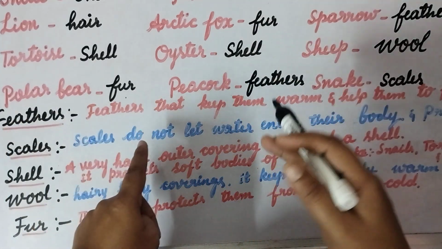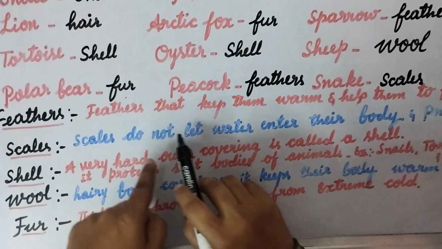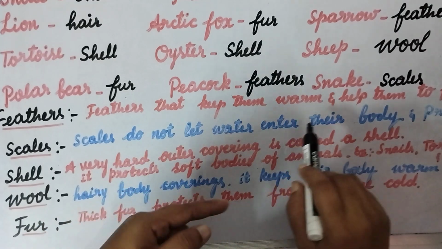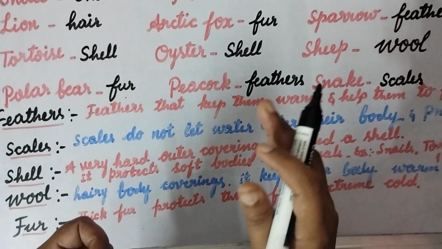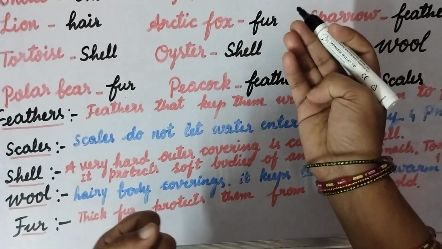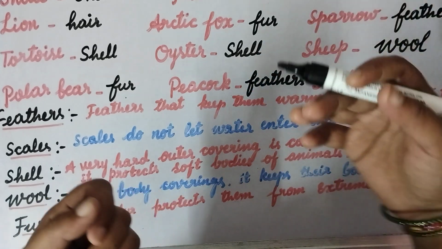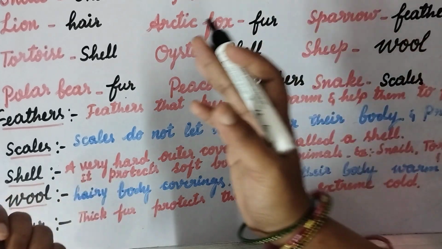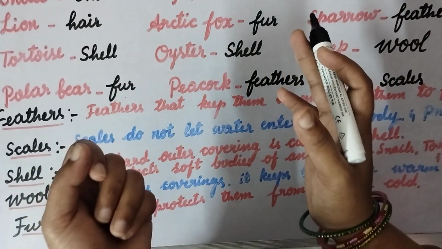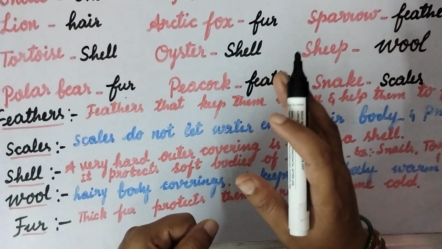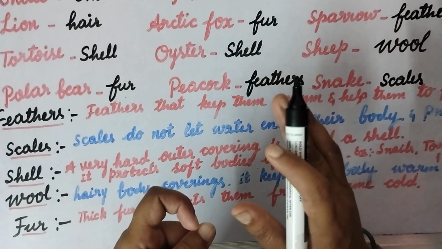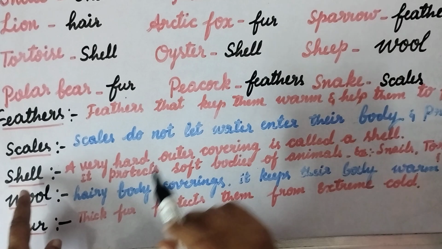Scales do not let water into their body and sometimes give protection. Reptiles such as crocodiles, snakes and lizards also have scales. The main function of those scales is to give protection to those animals.